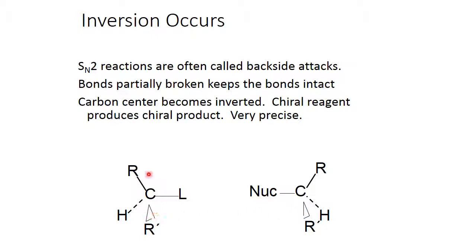You can figure out whether it's R or S beforehand, and then depending on the priority of the groups, it will become inverted. Oftentimes you'll see R becomes S, but it all depends on what the priorities of the groups are.